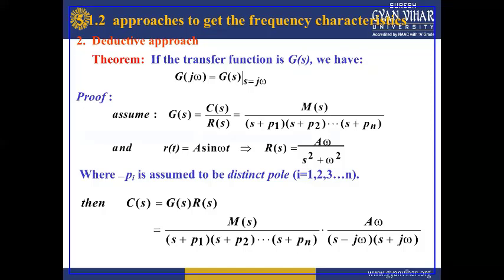We replace s with jω. We assume that G(s) is equal to C(s) upon R(s), that is the output upon input, having the polynomial M(s) over (s+p1)(s+p2) and so on till (s+pn). And this r(t) is your time domain input A sin ωt, which can be written in the S domain by taking the Laplace transform as Aω upon s² + ω².